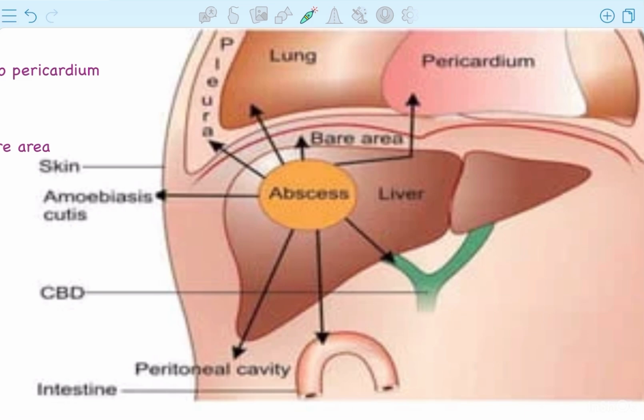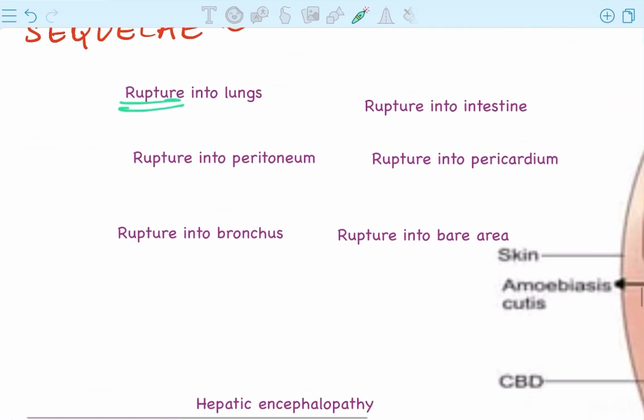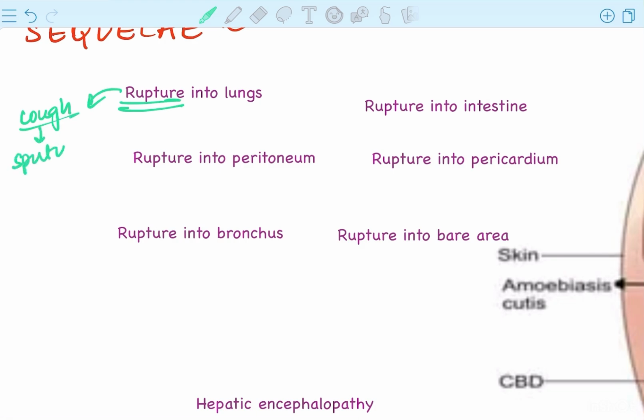Okay, so let's see what it manifests whenever it ruptures into these. When it ruptures into the lungs, we cough out sputum, and the sputum will be chocolate colored. When it ruptures into the peritoneum, we have peritonitis, which manifests with rigidity, guarding, and rebound tenderness.